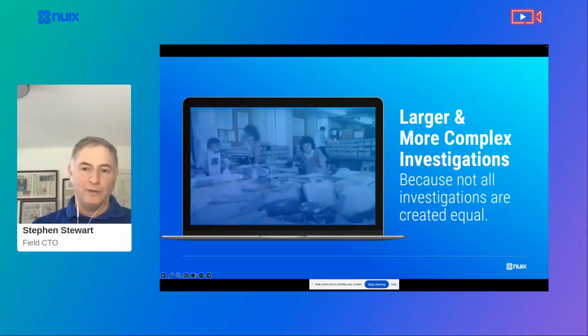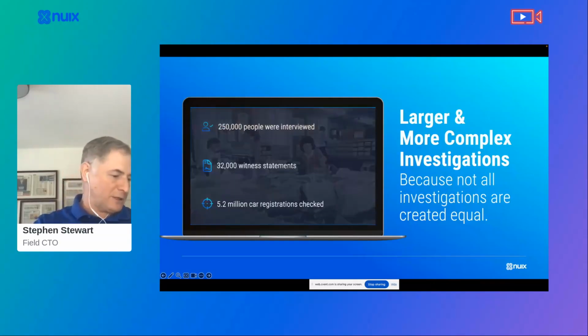And so when you think about it, you could actually roll back the clock. One of the very first and largest investigations in UK law enforcement was into one of the earlier serial killers, Peter Sutcliffe. The data there was incredibly complex.